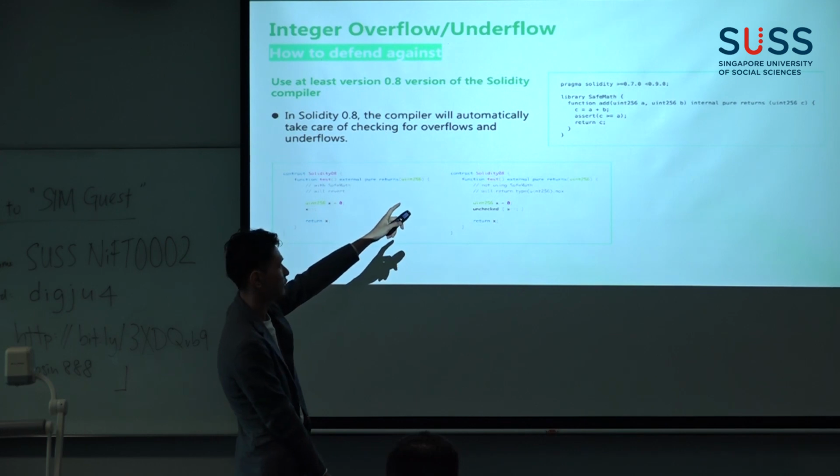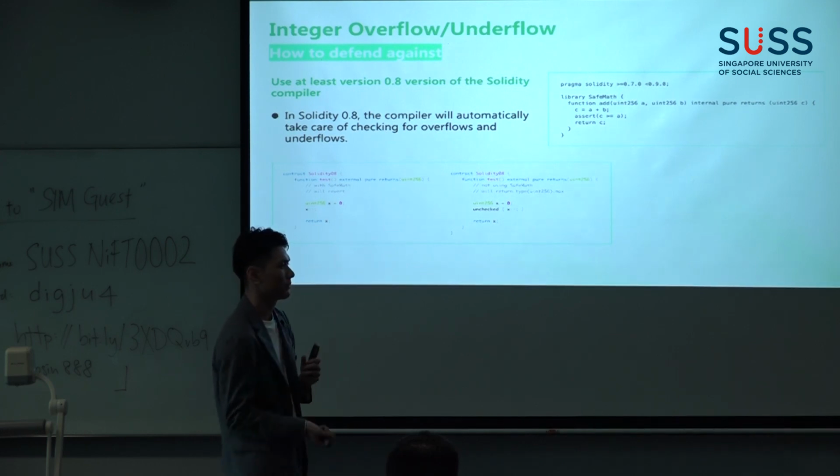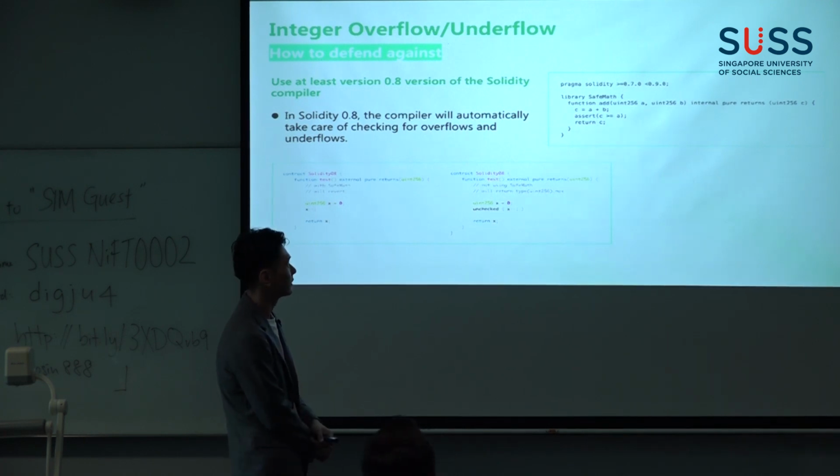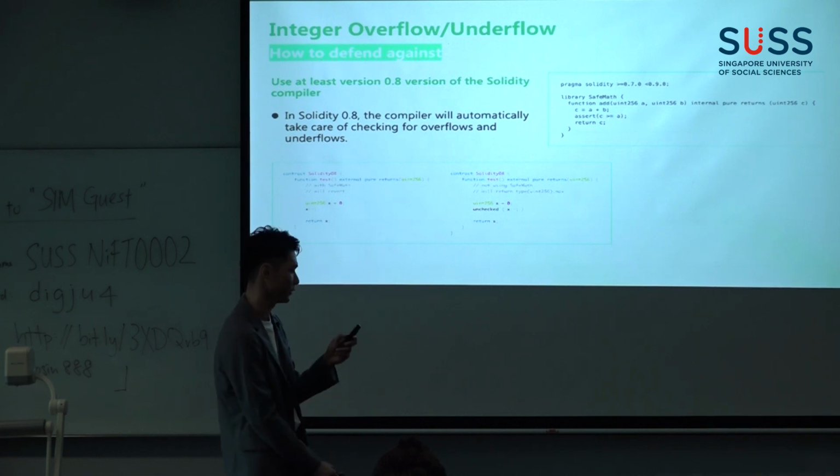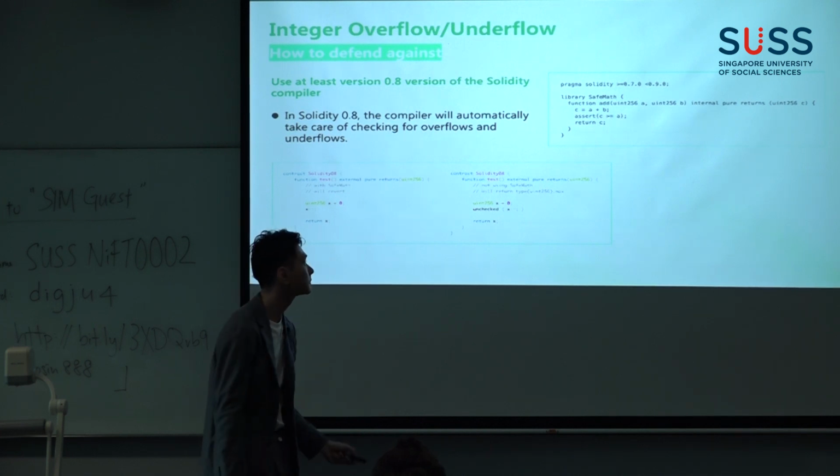For example, some contracts for compatibility will sometimes use the pragma up there. It's for Solidity compiler versions later than 0.7.0, which is vulnerable to integer overflow and underflow. In this case, we must add the SafeMath library in order to prevent this type of bug.